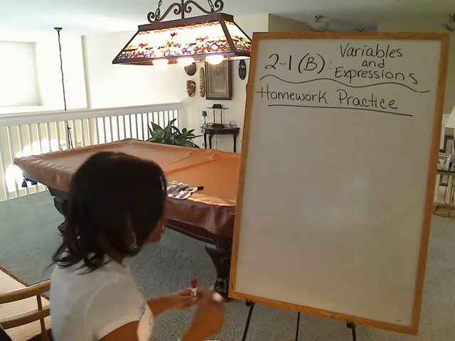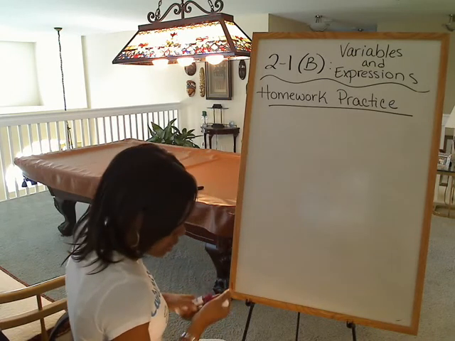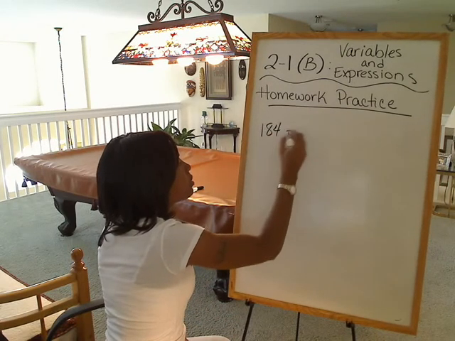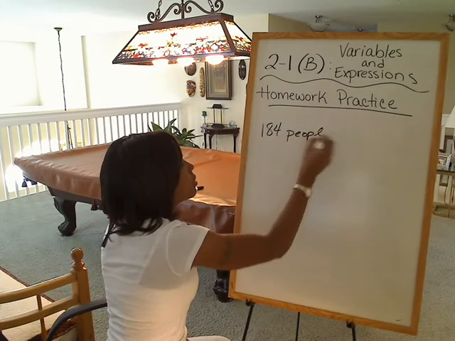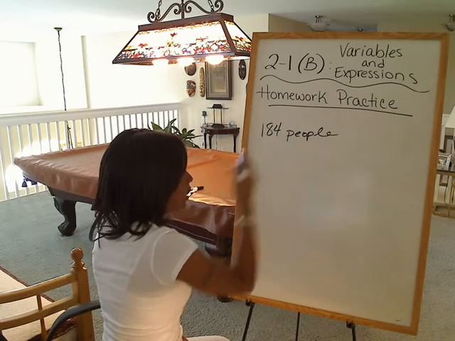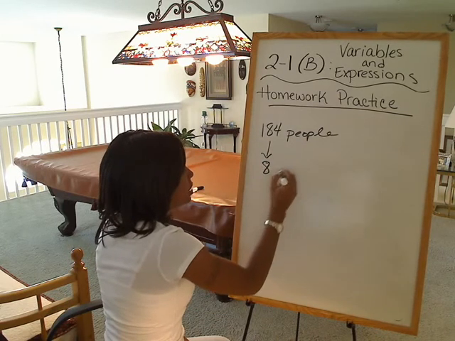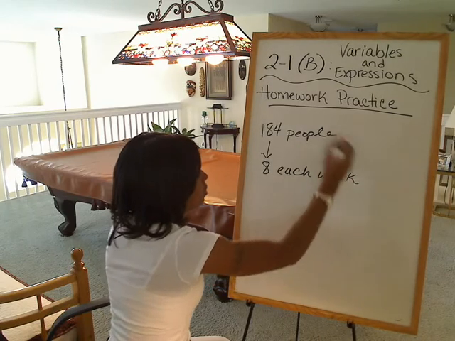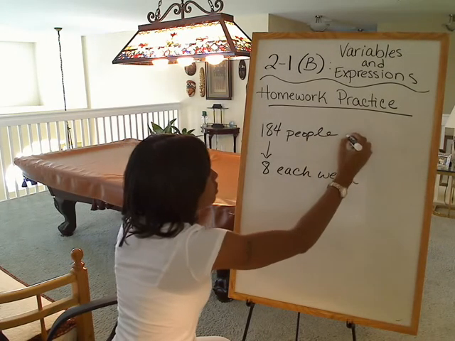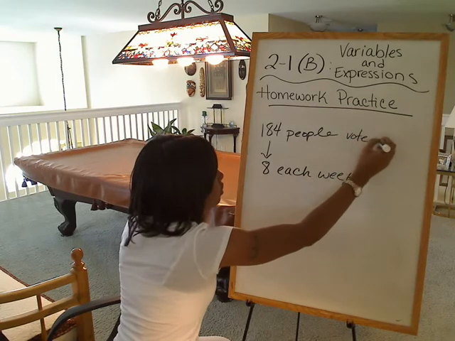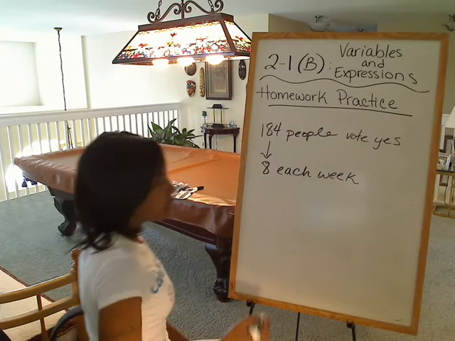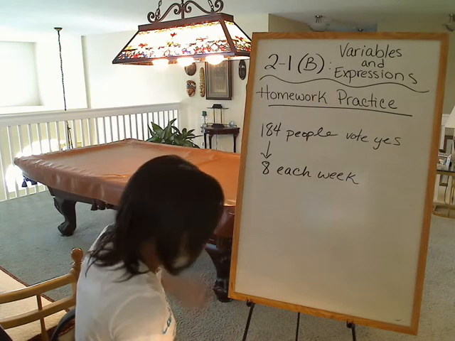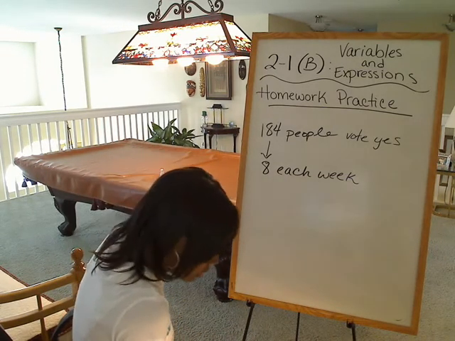So let's write down what we know. Right now we have 184 people, right? And it goes down by 8 each week. 184 people say they would vote yes for the incumbent candidate. And every week it goes down by 8.